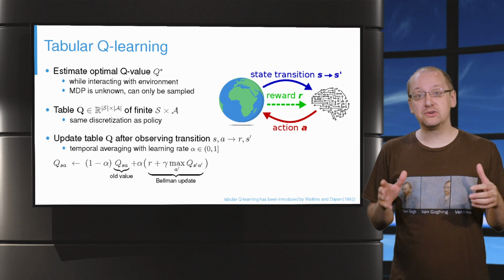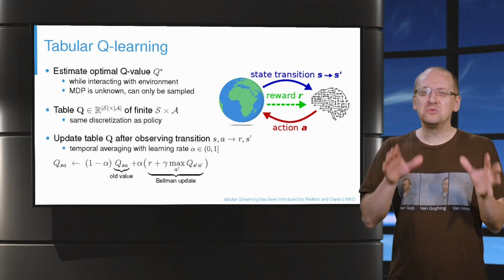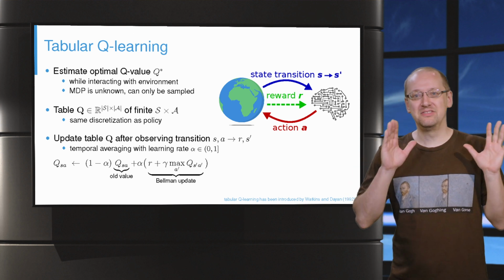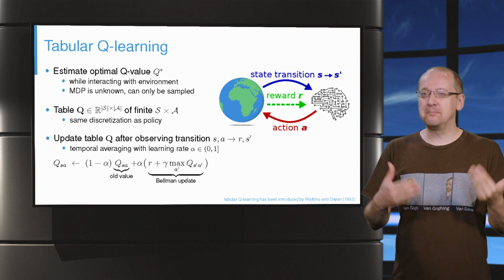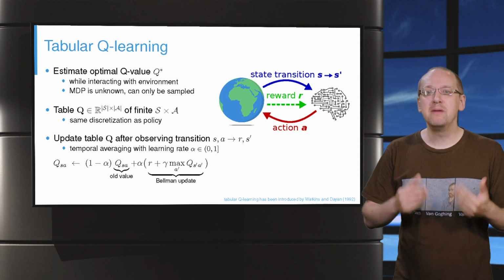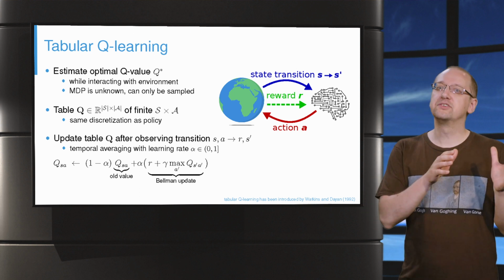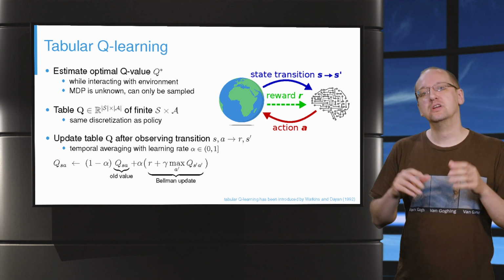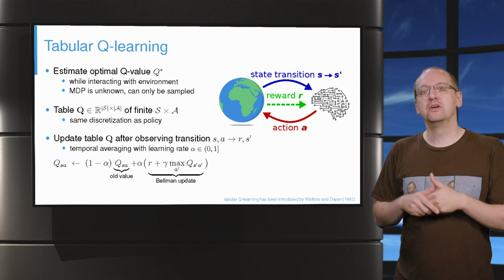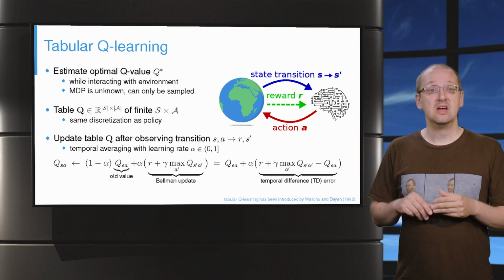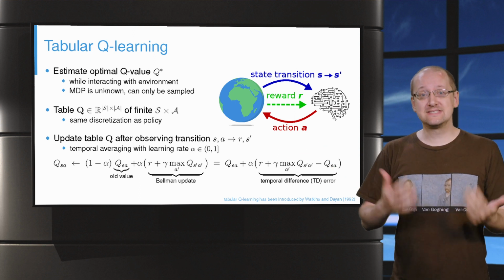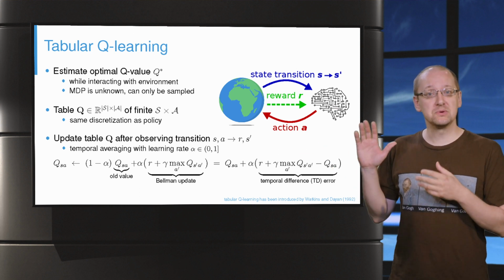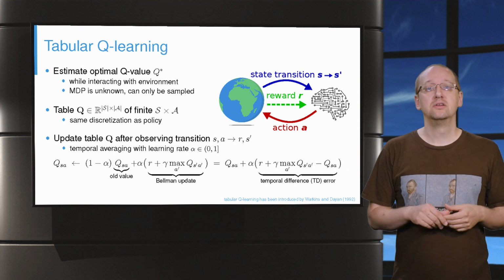However, because the transitions can be stochastic, we don't want to override the table entry completely. Instead, we use temporal averaging and remember a combination of the old entry with the Bellman equation, weighted by some learning rate alpha. And when we rearrange the terms here, we see that this is the same as adding the scaled so-called temporal difference error to the table entry.